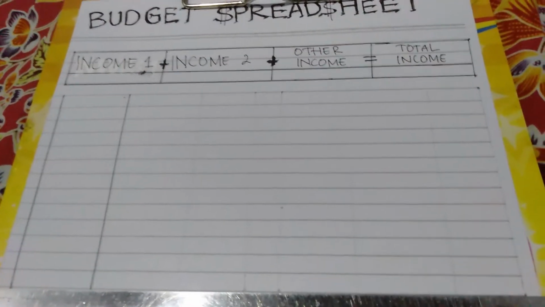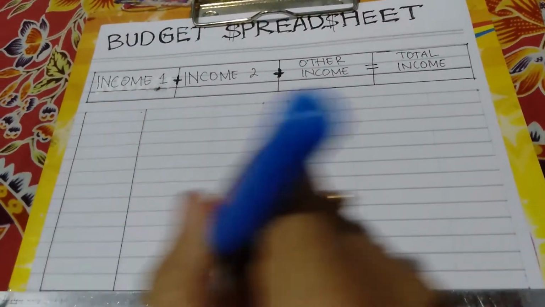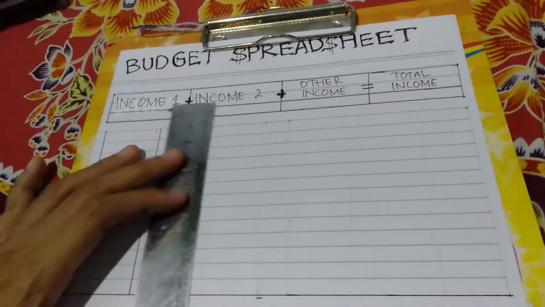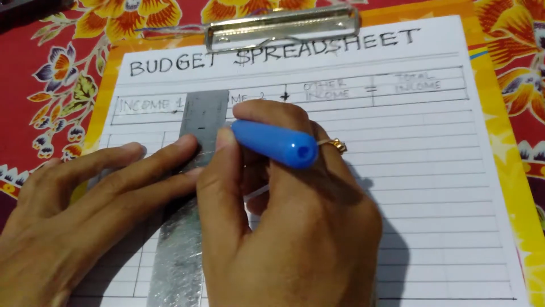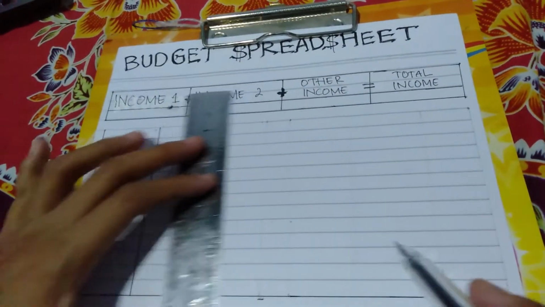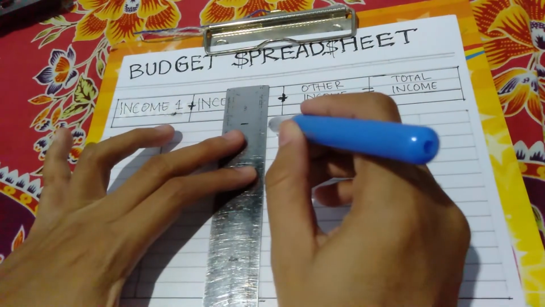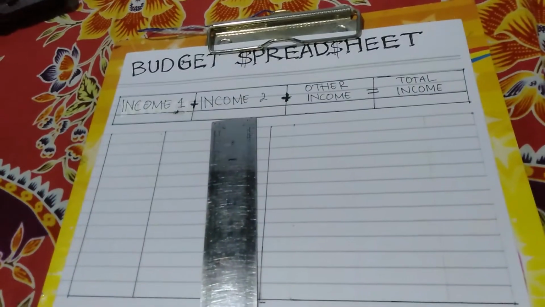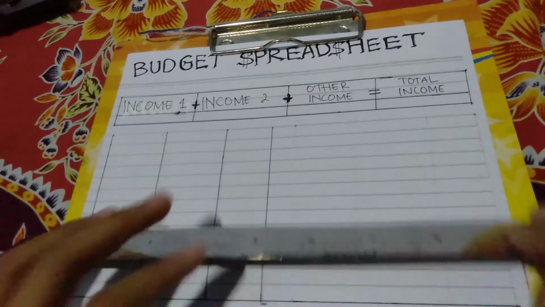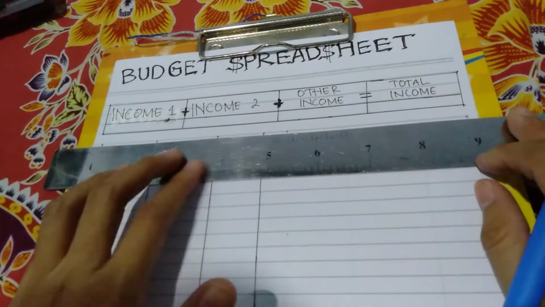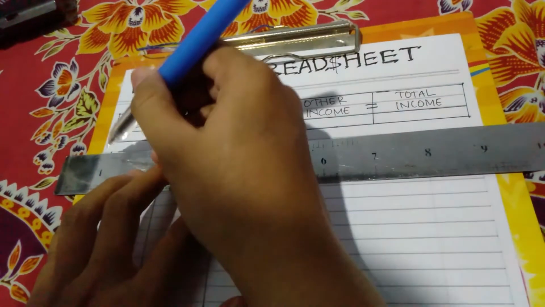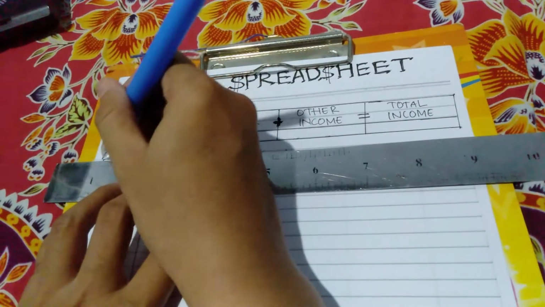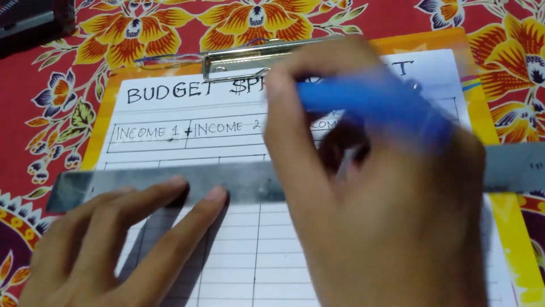In case you have more than four incomes, it is good to make a table so that you know where you get the money and how you are going to spend it. So I end up with the total income. You can write down the amount of the money. So this is the template for you. You can try at home.